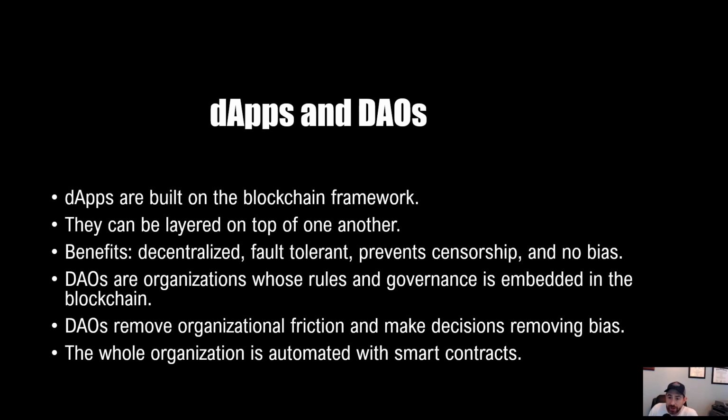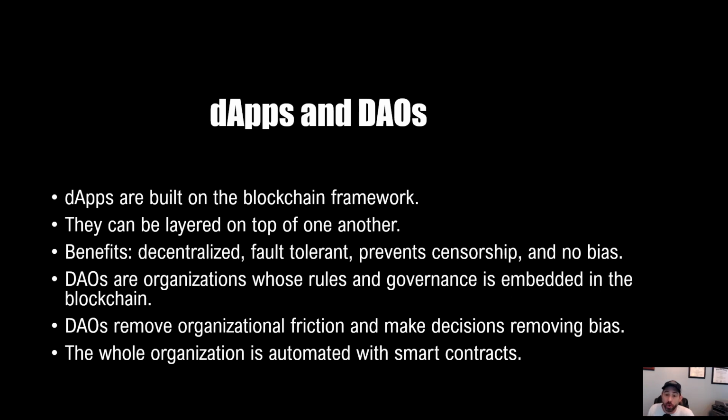DAOs are organizations, and that's a big difference. One's an application. A DAO is actually an organization whose rules and governance are embedded in the blockchain. So if you think about it, there's no friction and no bias in this organization. If our goal is XYZ and we build our DAO to execute XYZ, all that's going to happen is XYZ, which is pretty amazing.